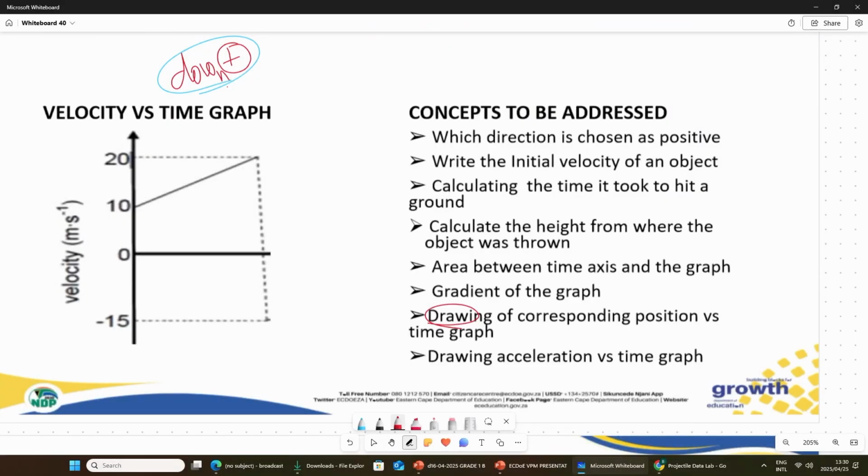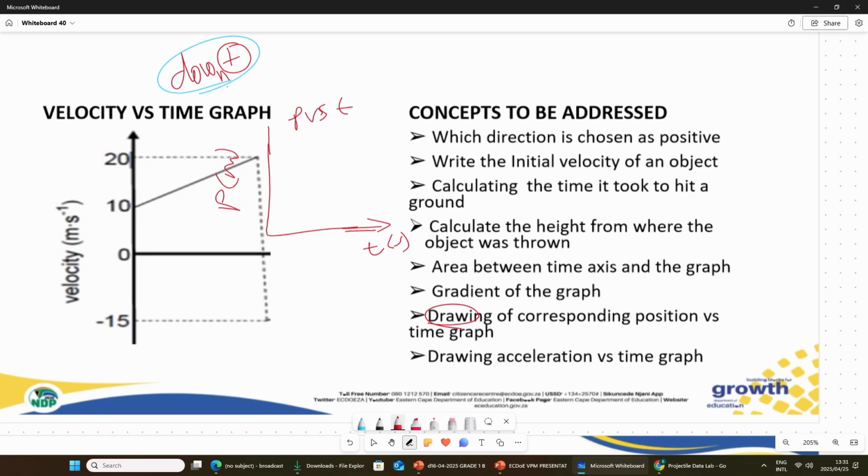Now the last part is drawing the corresponding position versus time graph and the acceleration versus time graph. Let's quickly do that. For position versus time, on the axes we have time t and position p in meters.